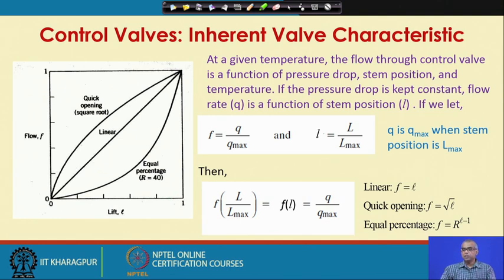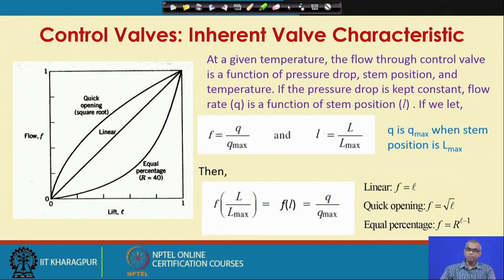At a given temperature, the flow through a control valve is a function of pressure drop and stem position. If the pressure drop is constant at a given temperature, flow rate is a function of stem position only.